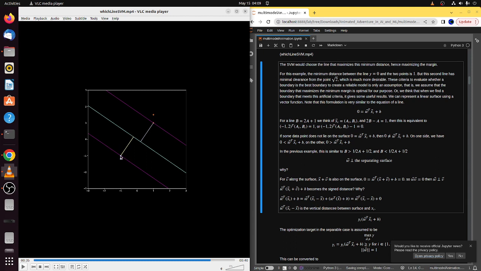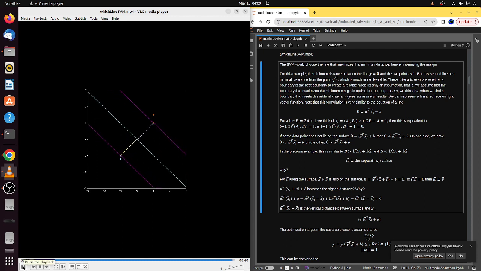If I draw a vertical distance between the first sample and the line, and the second sample and the line, we maximize this, so that the separation between the purple line and this blue line is higher.